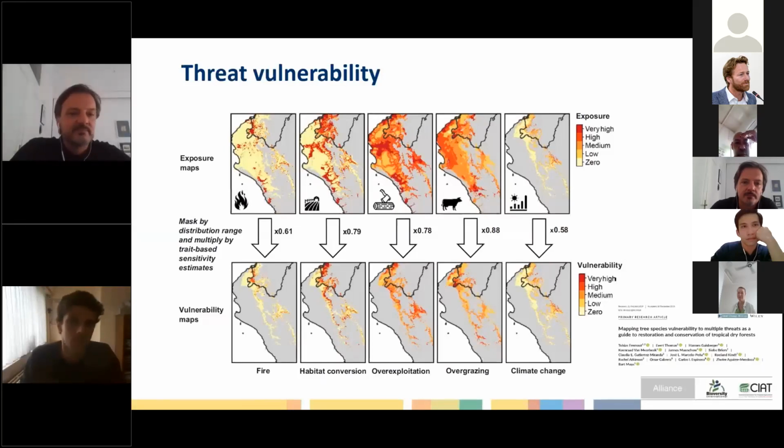So basically, we start from the exposure maps, we mask those by the distribution maps of each of the species, and then we multiply those maps by the trait-based sensitivity estimates, or in the case of Burkina, the expert-based sensitivity estimates. And combining all these things, we obtain the maps you can see at the bottom of this slide. So for each of the species, for each of the threats, we obtain a vulnerability map, again with values ranging between 0 and very high.